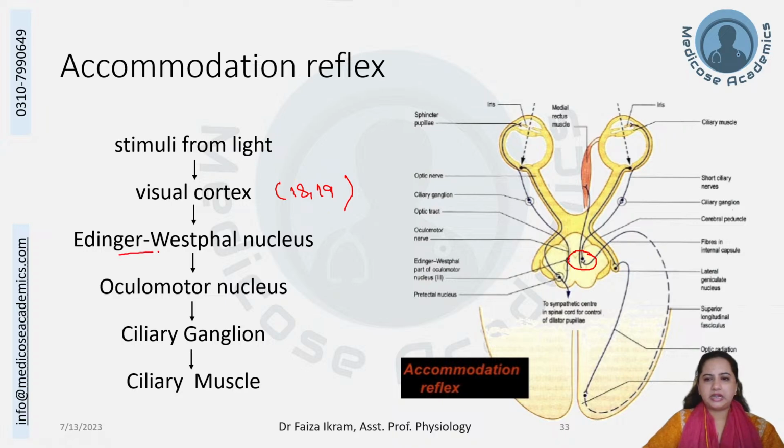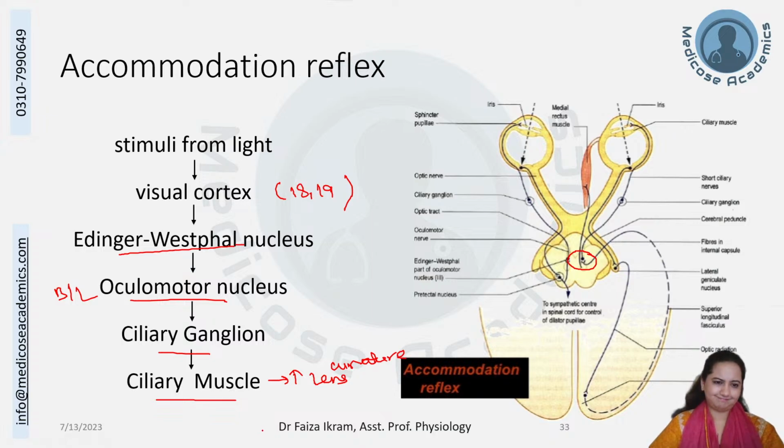The message will go to the Edinger-Westphal nucleus, and that nucleus will stimulate the oculomotor nuclei of both sides, causing stimulation of the ciliary ganglion and contraction of the ciliary muscles, which will ultimately increase the curvature of the lens, which will help in increased accommodation. Among children, accommodation can lead to an increase in the refractive power of the lens by almost 14 diopters.